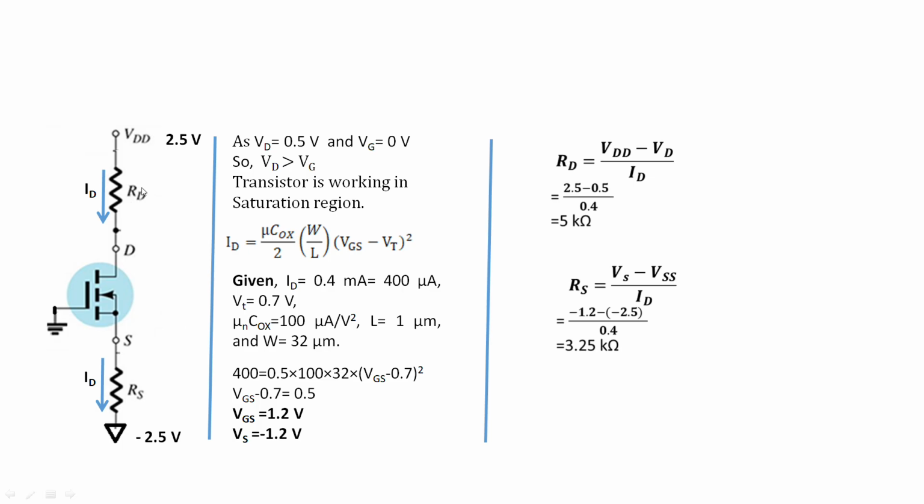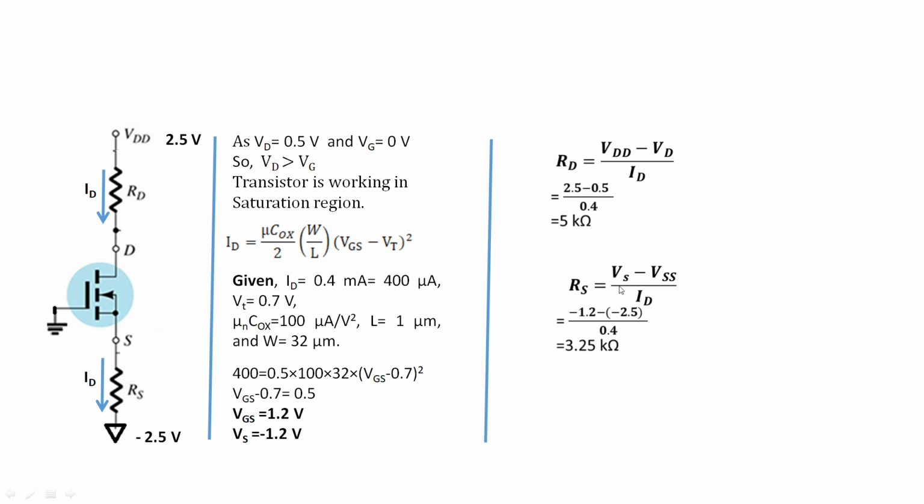To find RD: RD equals VDD minus VD by the current passing through RD, that is ID. So we find RD is 5 kilo ohm. We have already found Vs, and the value of Vss is given.